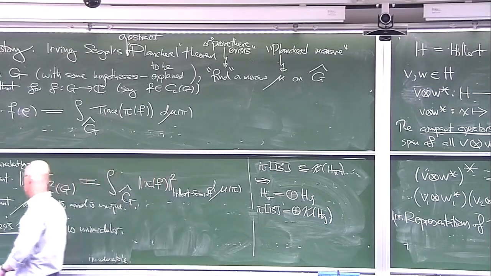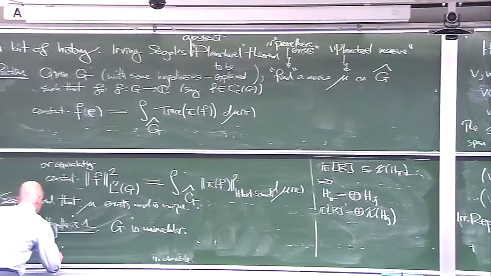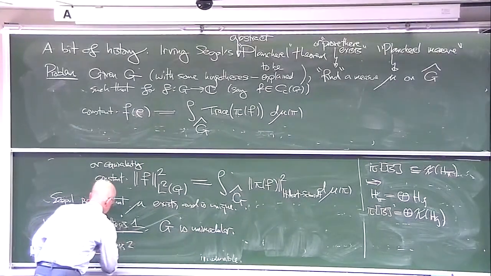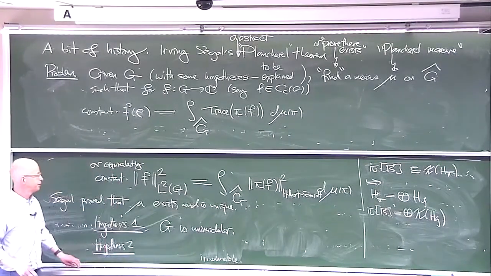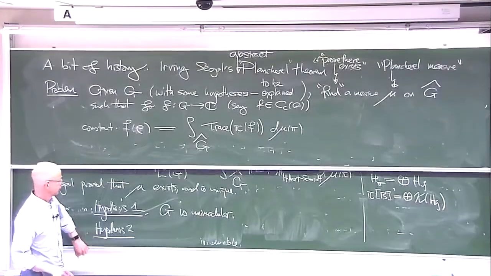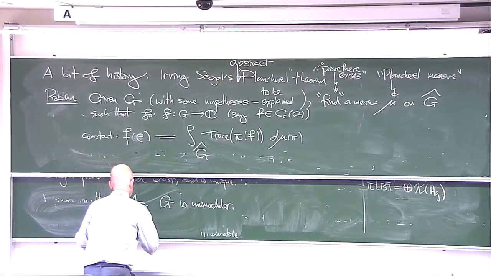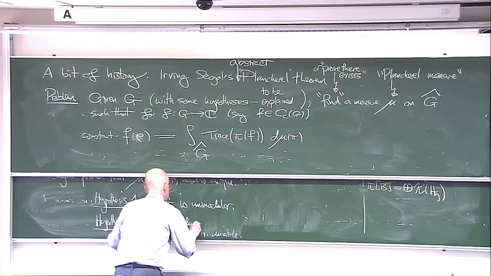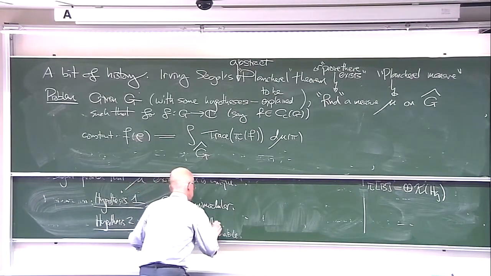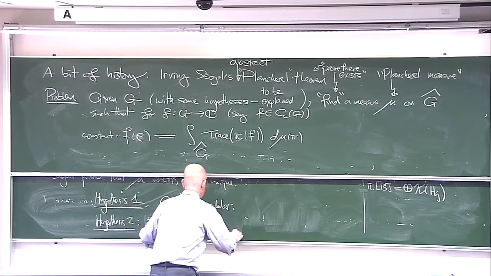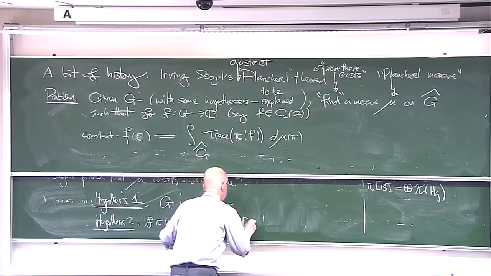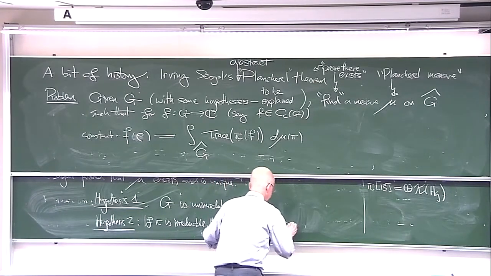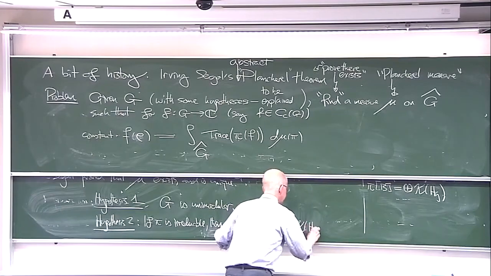And hypothesis number 2, go back. This is stronger than you actually need, but this is the easiest one to describe. It is that if pi is irreducible, then pi of the C-star algebra of G is contained, in fact, necessarily has to be equal to, the compact operators in case of irreducible.